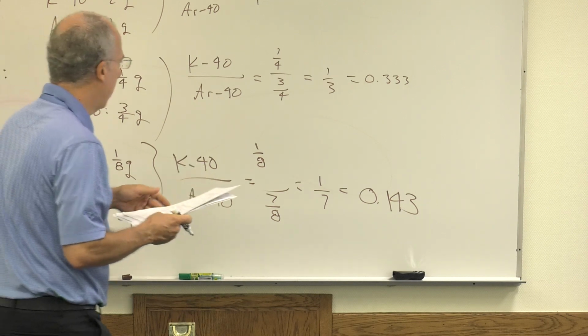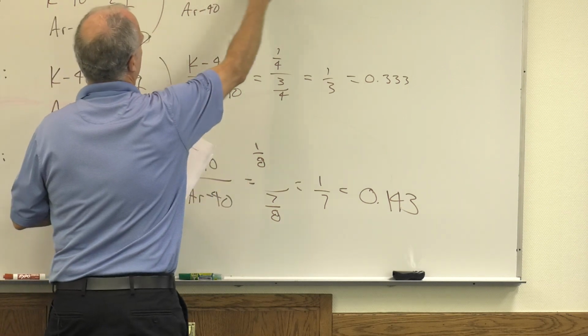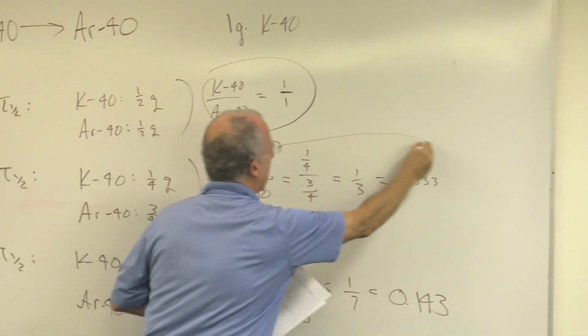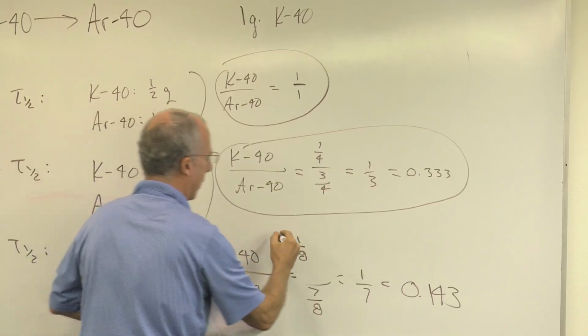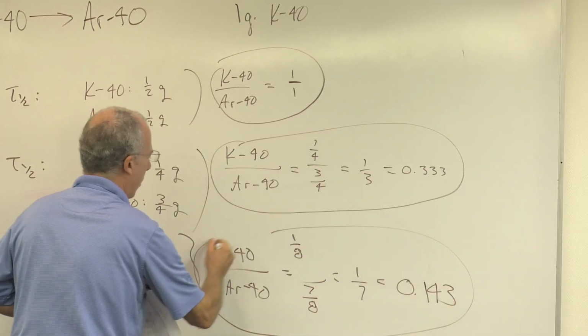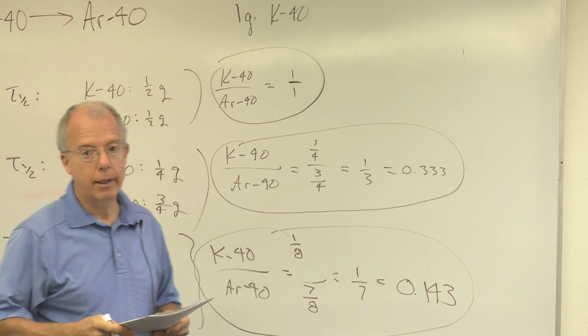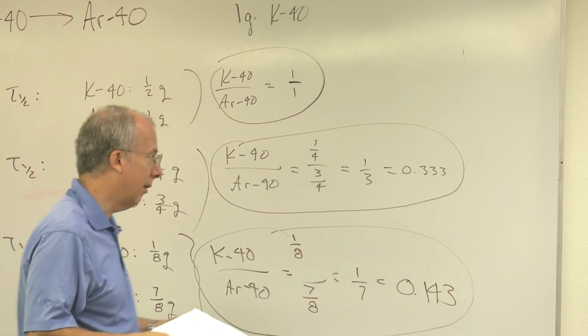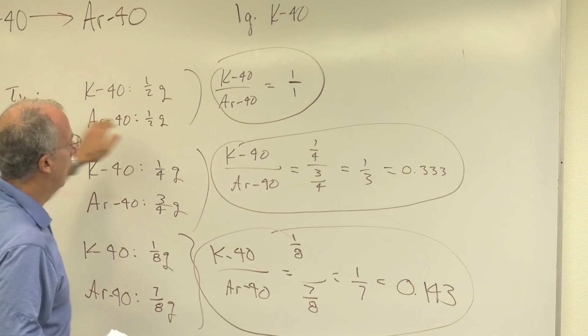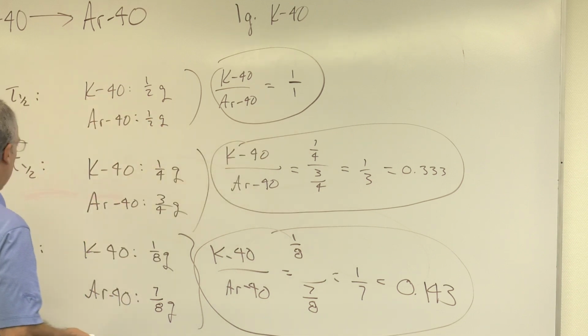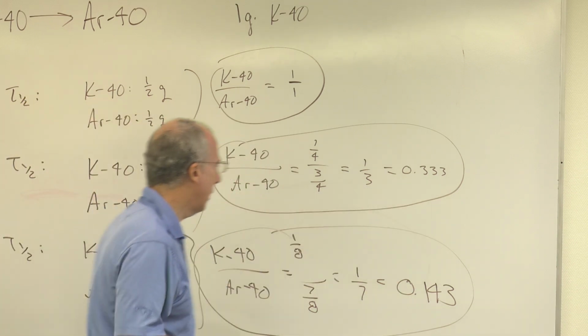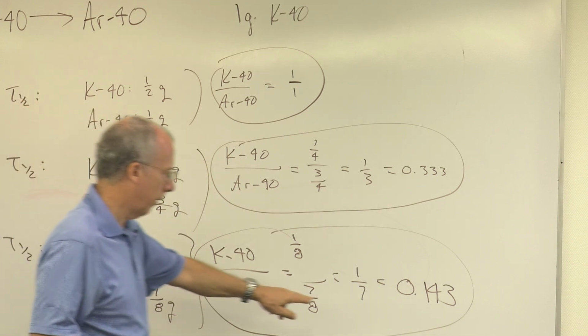All right. So this ratio, what does it depend on? It depends on the elapsed time, right? After 1 half-life, the ratio is 1. After 2 half-lives, the ratio is 0.333. After 3 half-lives, it's 0.143.